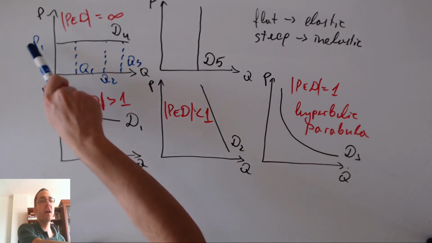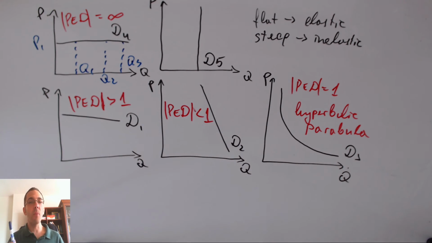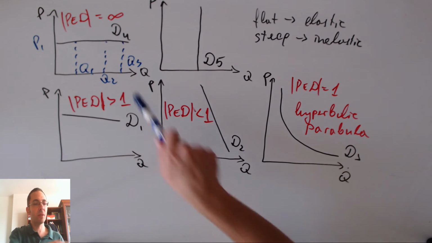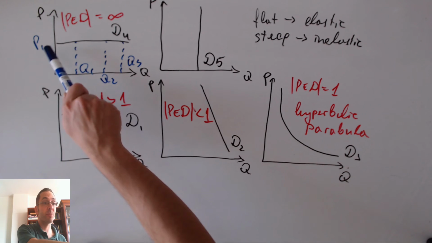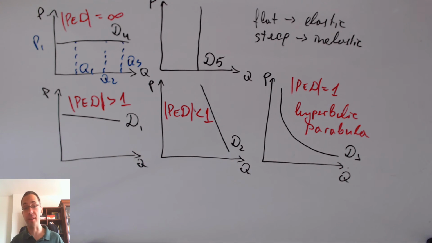Effectively, at this price, it depends on the firm how many units they can produce. If they can produce 1 million units, they'll sell 1 million units. If they can produce 5 units, they'll sell 5 units. The limit is on the amount of units that the firm can produce. But at this price, the consumers will buy everything. And this will be an example of a perfect competition. And again, this is a topic for another lesson.